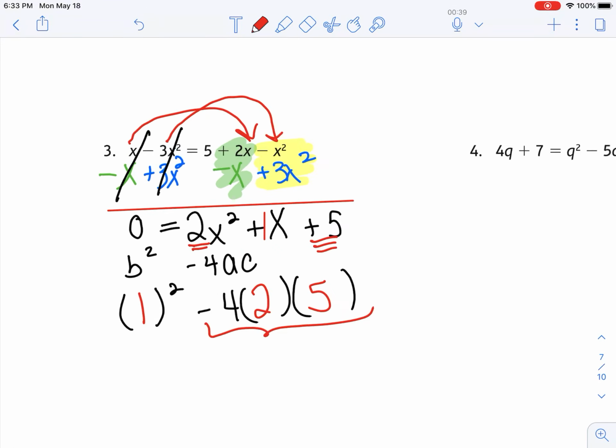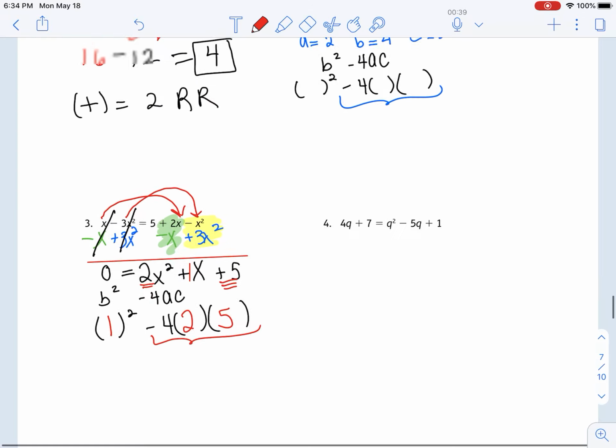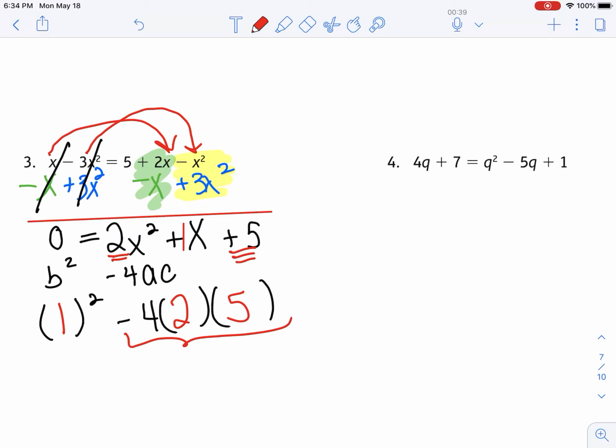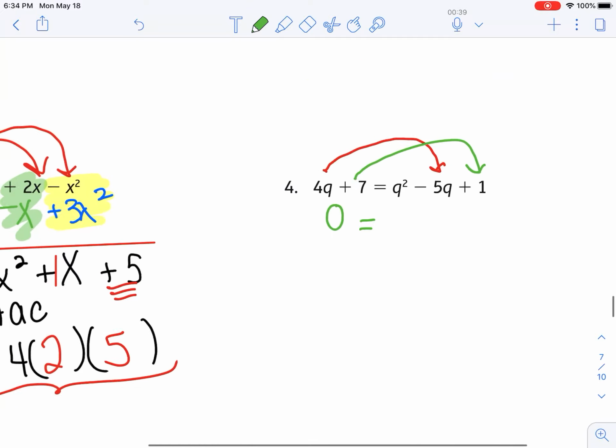All right, so don't forget to finish and determine if it's a negative number once you're done simplifying, a positive, or if it's 0. All right, so again, you can pause it if you want to finish these problems as you go. Don't forget, in this case, I would subtract 4q, and then I would go ahead and subtract 7 so that everything is equal to 0.